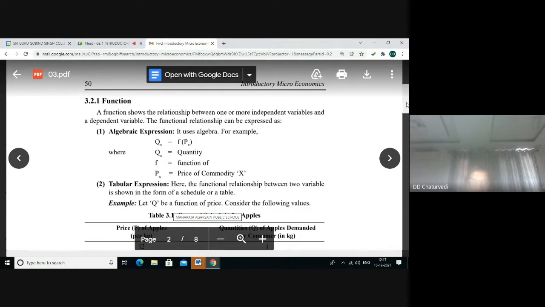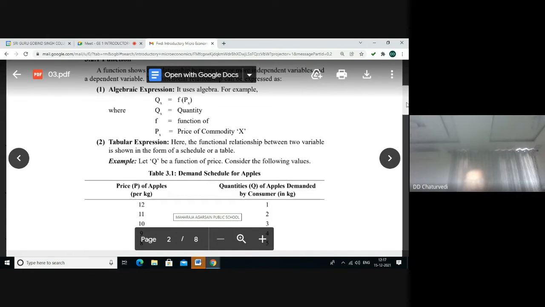We may have algebraic expressions that we generally use in algebra, like Qx is a function of Px, where Qx stands for quantity. It may be quantity demanded or supplied. Px stands for the price of commodity X. Demand function and supply functions have applications for such algebraic expressions. Similar algebraic expressions can be used in case of cost function and production function also.